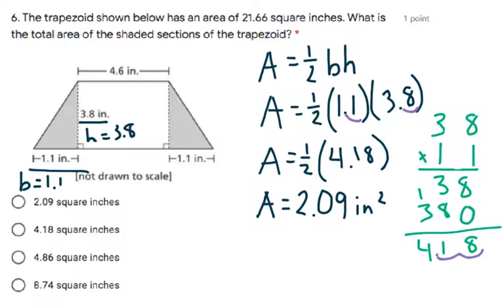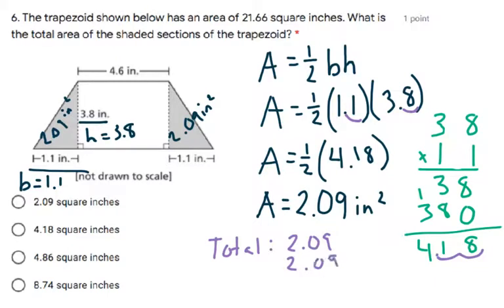But before I go ahead and choose that as my answer, I need to remember that there are two sections right here. 2.09 inches squared. And I'm labeling them there so that I remember for later. So if I want my total area, I know that I can just add both of those shaded sections together. And that's 4 18/100 square inches. And that would be my answer.